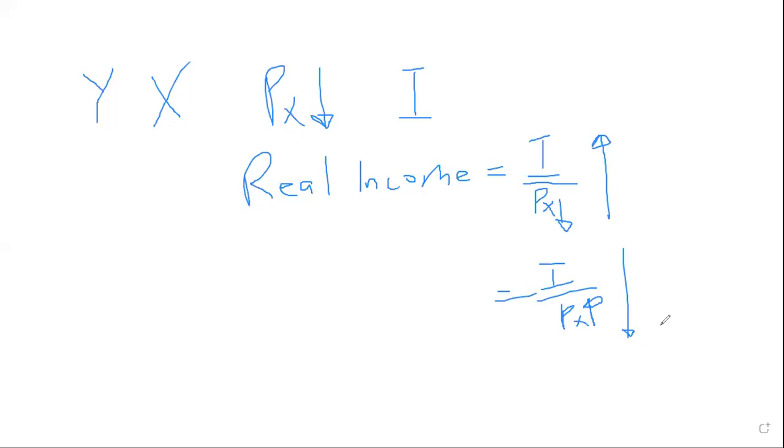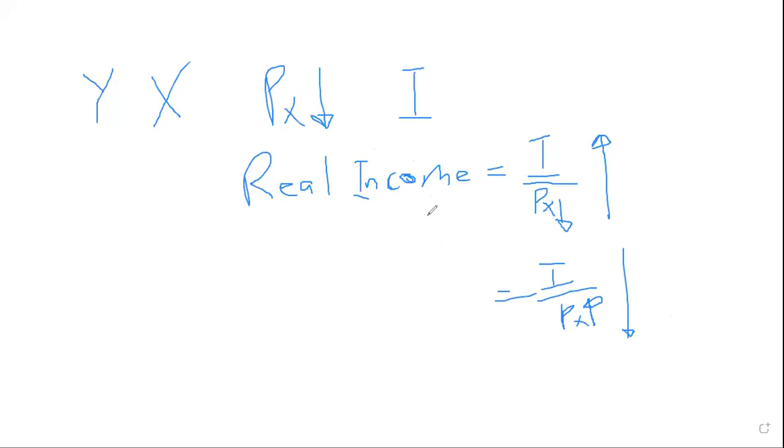If the price increases, it means you have less purchasing power, and therefore your real income would fall. Right? Okay. Now, changes in real income afford the consumer the opportunity to purchase more or less of the commodity.